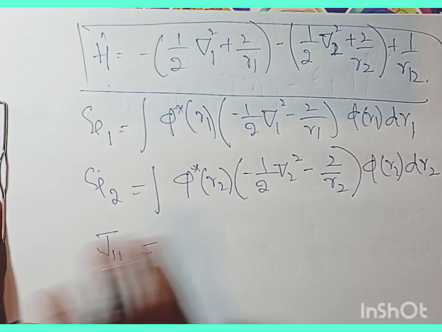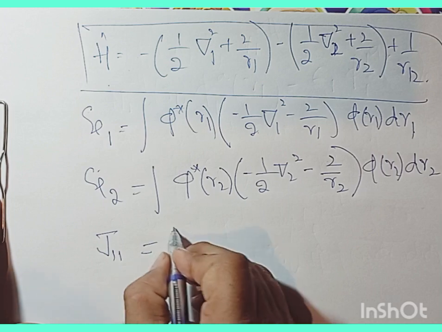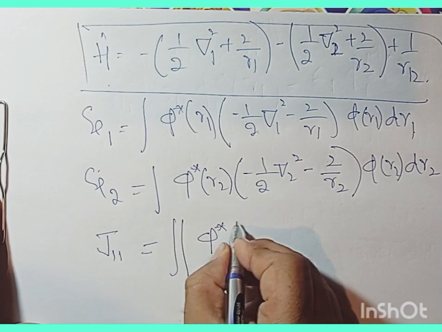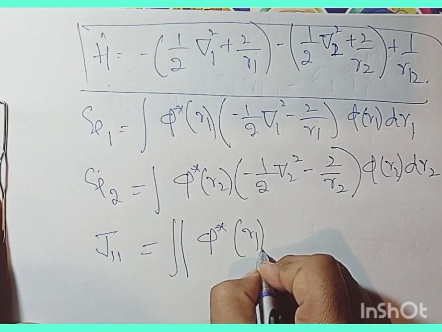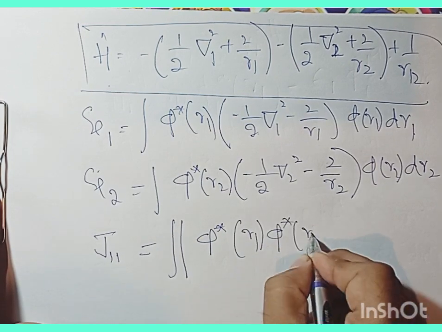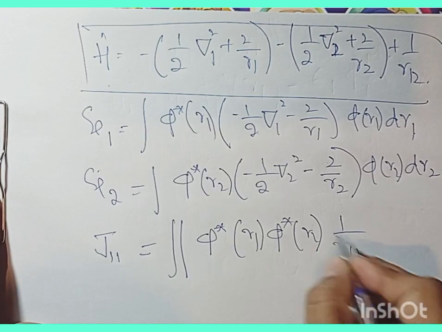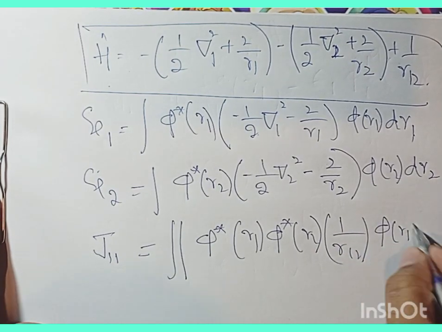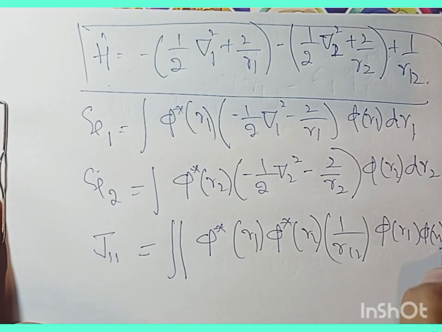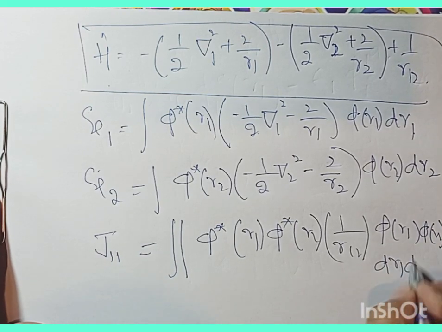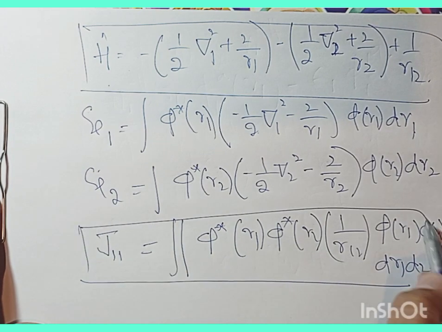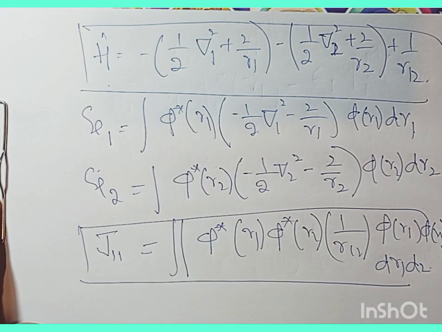That will be the electrostatic interaction between the two electrons, which can be written as a double integral of phi star R1 and phi star R2, 1 by R12, then phi of R1, phi of R2, dr1 and dr2. Now, this last term is called the Coulomb interaction.